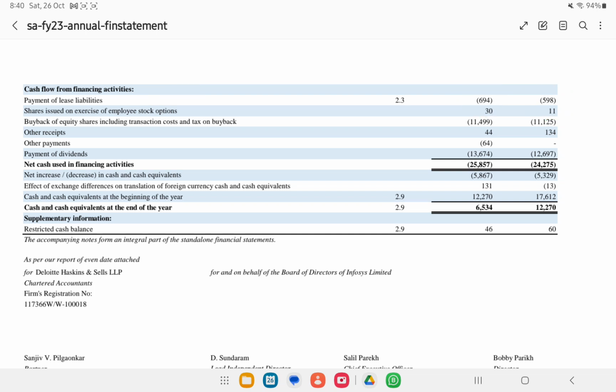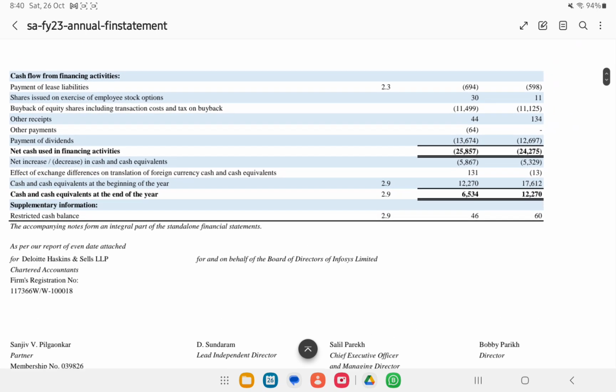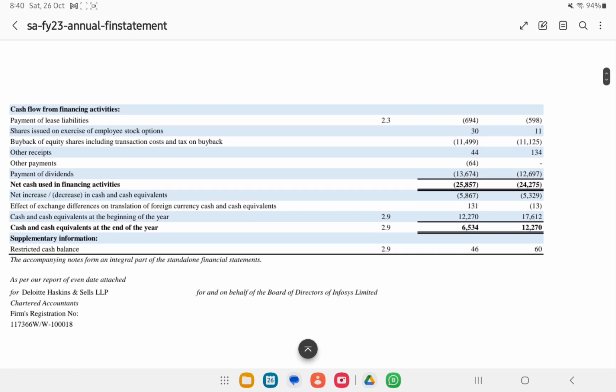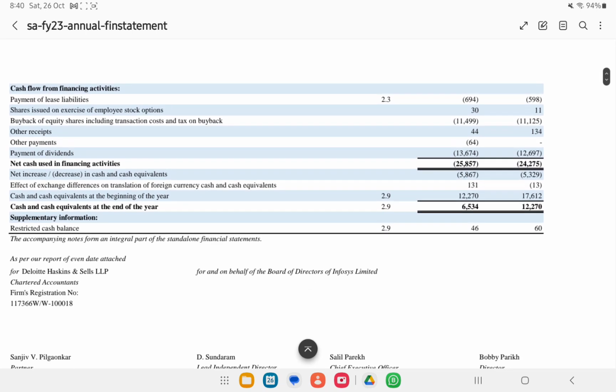Then shares issued. Similarly, they have given what all financing activity they have done and what was the cash change, whether it was a cash inflow or cash outflow for the business. Finally, they have arrived at the end cash balance by adjusting this change to the cash balance at the beginning.